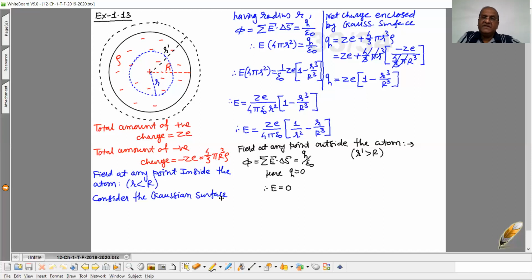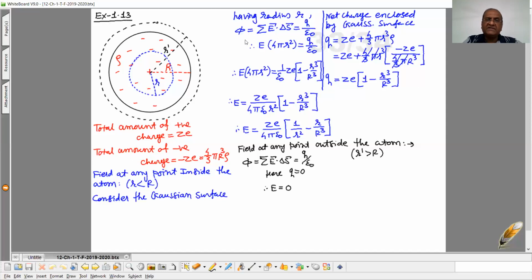Now let's consider first the field at any point inside the atom. Consider the point which is situated at distance small r from the center of the atom, where small r is less than capital R. Now consider the Gaussian surface, a sphere with radius equal to small r.